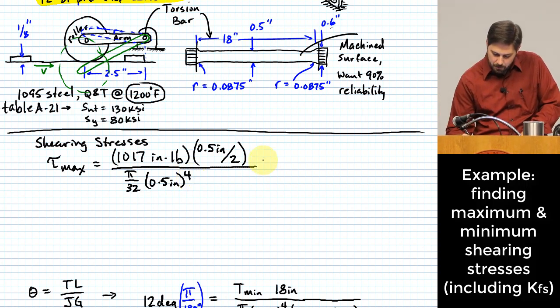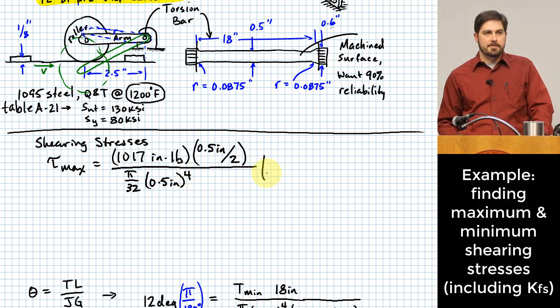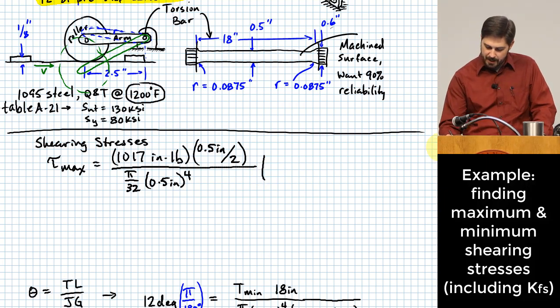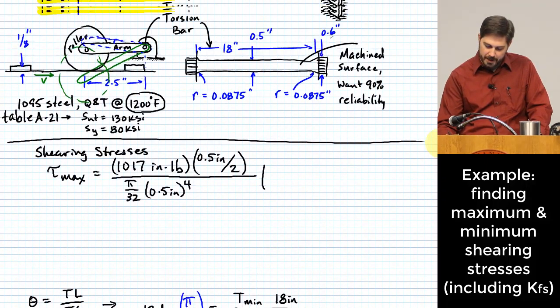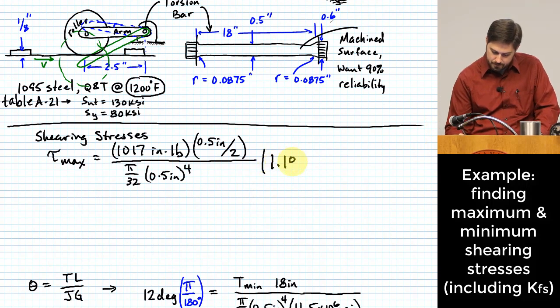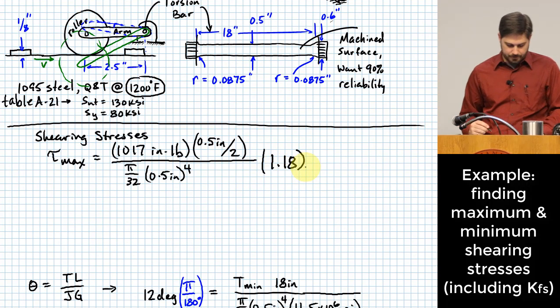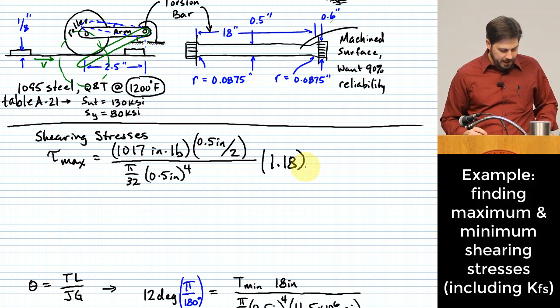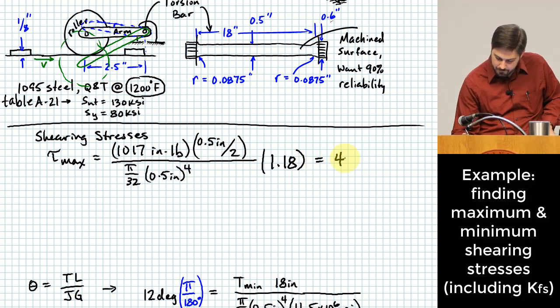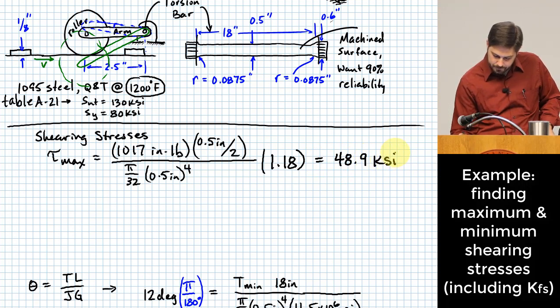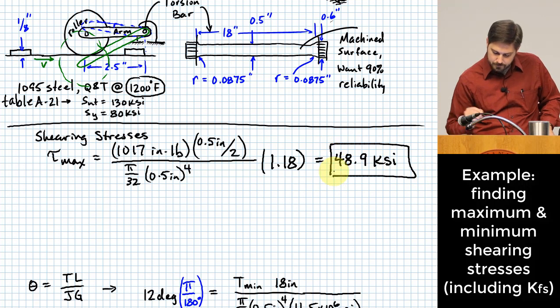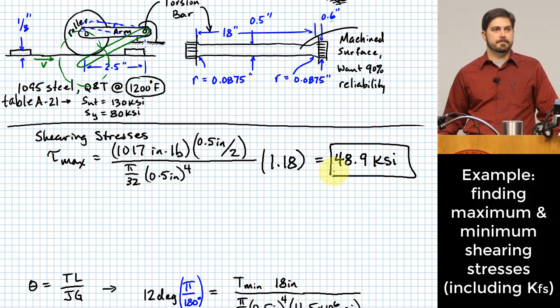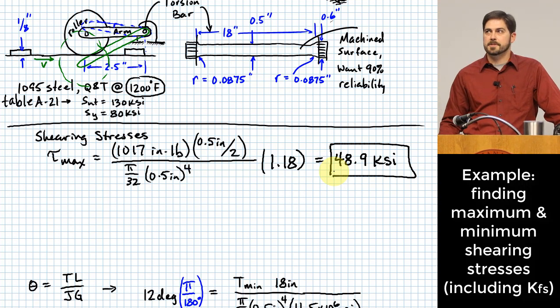I need to multiply all of this by my K sub Fs value, which from down here was 1.18. And what I get there is 48.9 KSI. That's a shearing stress, and it's going to become important in just a few minutes.